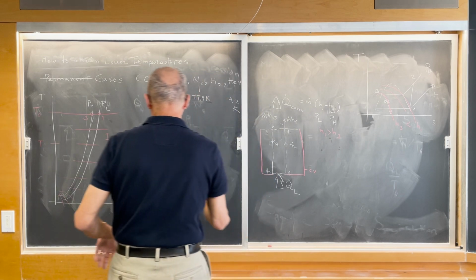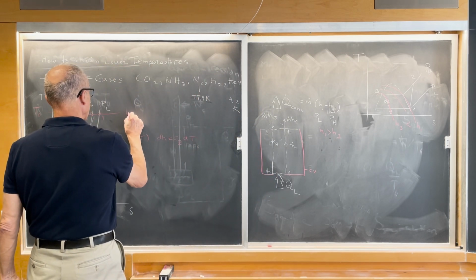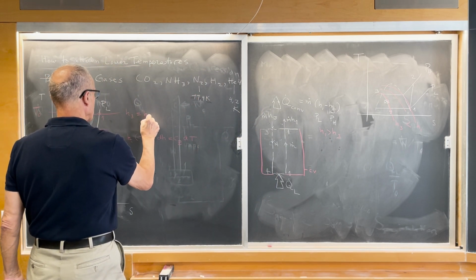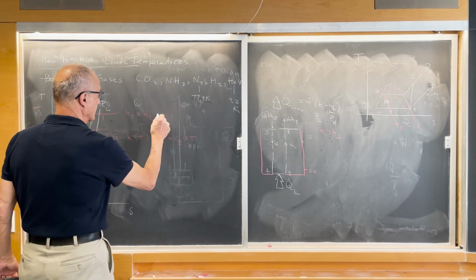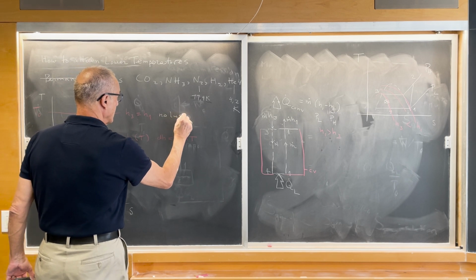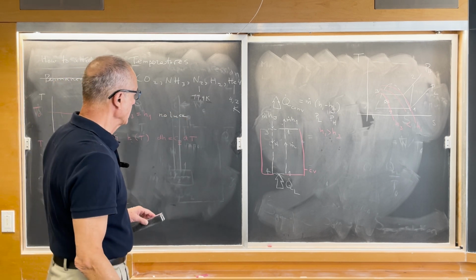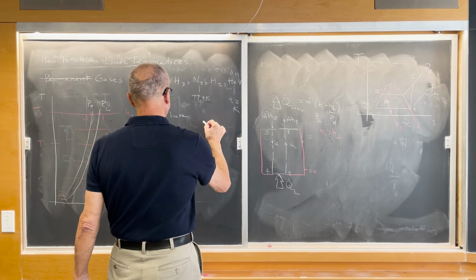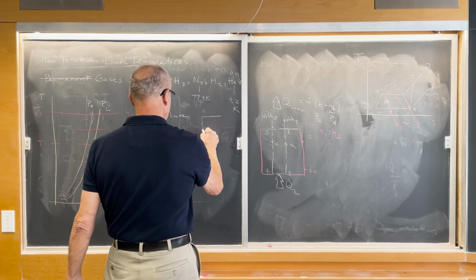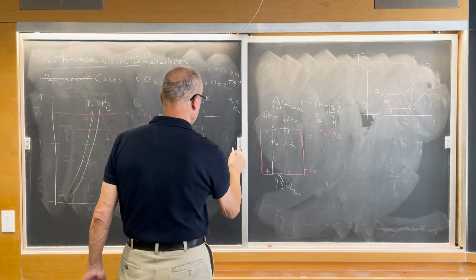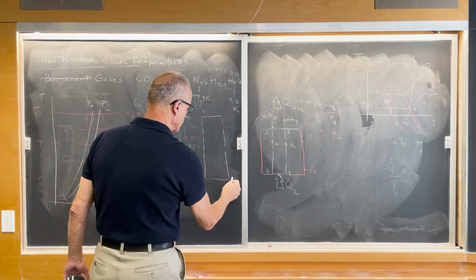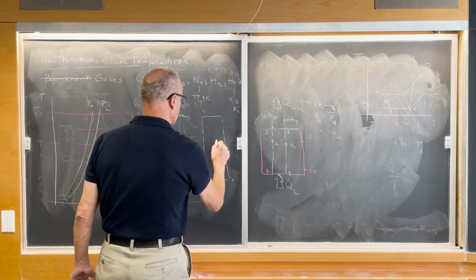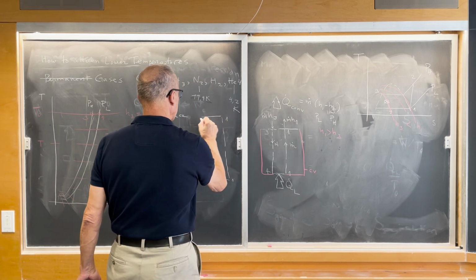Instead of this, we have H3 equals H1. So this means no luck, actually. It means that in the box that was stretching between these two extremities, I'll still call them 1 and 4 and 1 and 3.